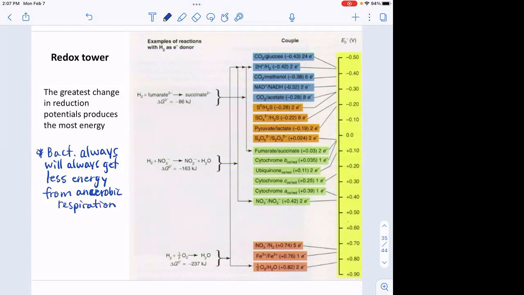They can use other things besides oxygen as a final electron acceptor, but they're never going to get as much ATP out of it as if they had used oxygen.